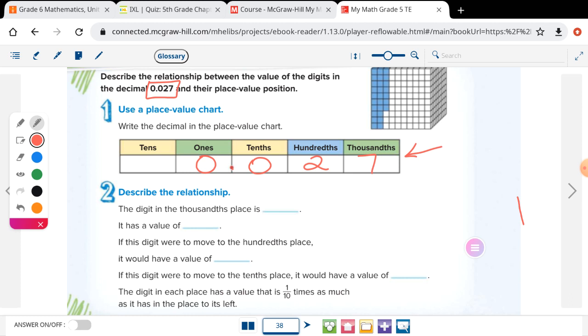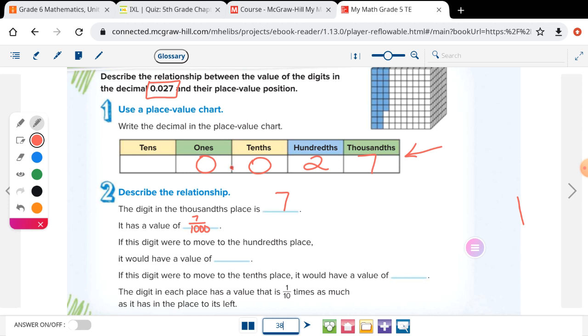Which digit is in the thousandths place, Madison? 7. The 7. Now, if I have a 7 in the thousandths place, what is its value, Noelle? 7 thousandths. Let's write that as a fraction. And then we're going to write it as a decimal because we should be able to do both.